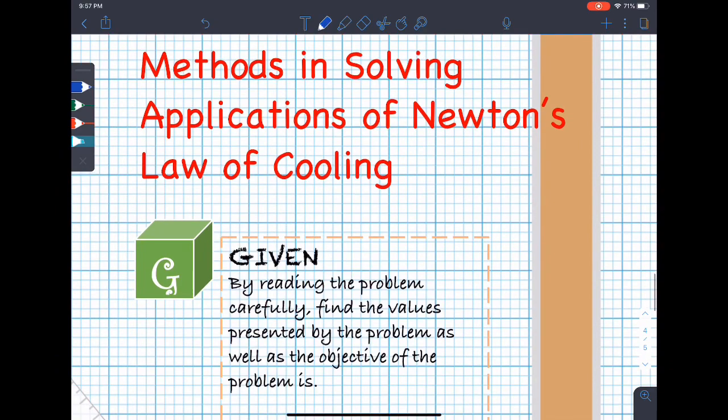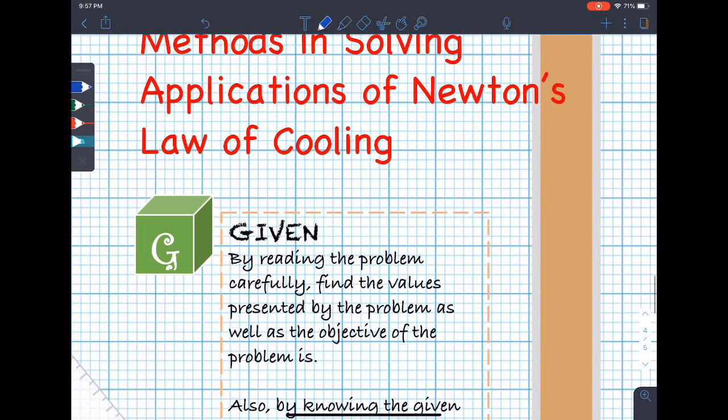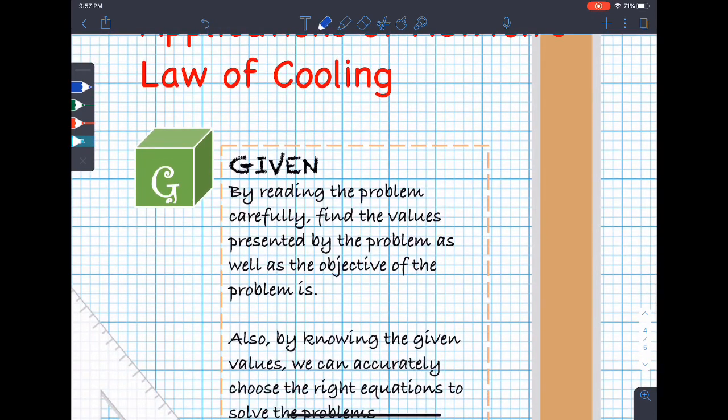These are the different methods that we will be following in solving applications of Newton's law of cooling. The first one is critical in solving problems involving Newton's law of cooling: we have to properly identify all the givens.